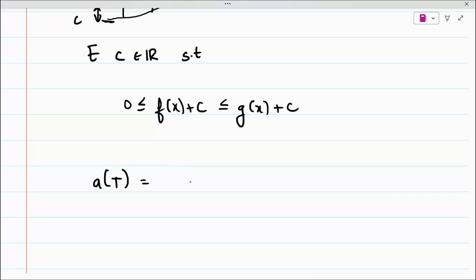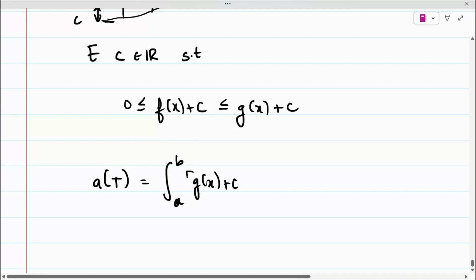And since they are non-negative, we can just find the area between them, as stated before.